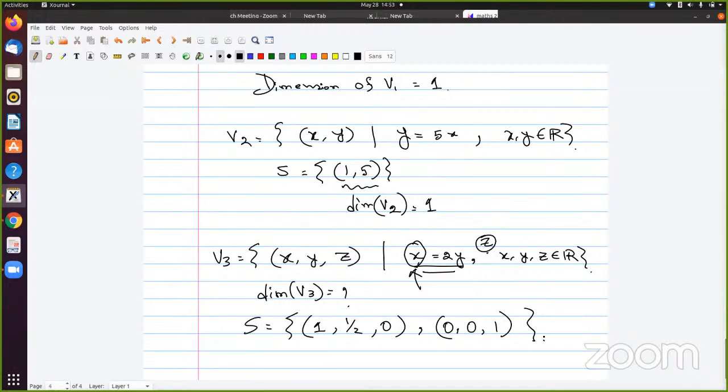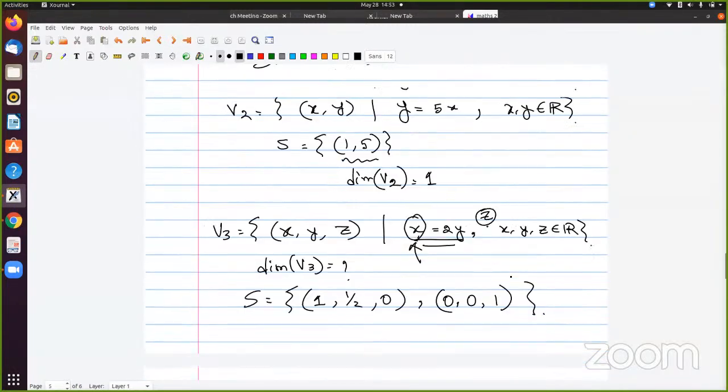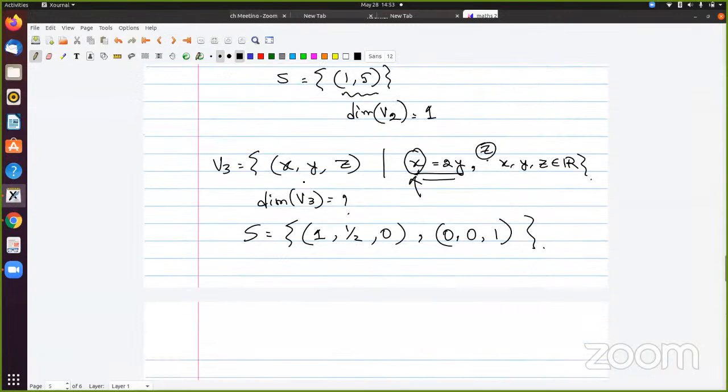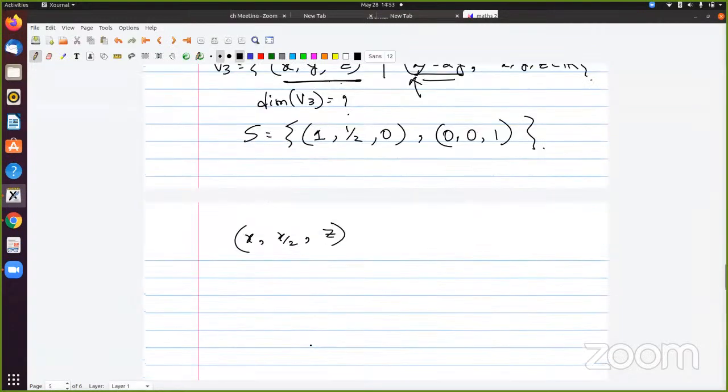Yes, sir. So is that the convention, to put Z equal to 0? Yeah, exactly. That will give you a basis basically. Remember what is happening here: you have to write the general form of an element in V3 as a linear combination of whatever you are choosing here, right? So how will the element look in general? X, Y is basically X by 2, and Z, like this, right?